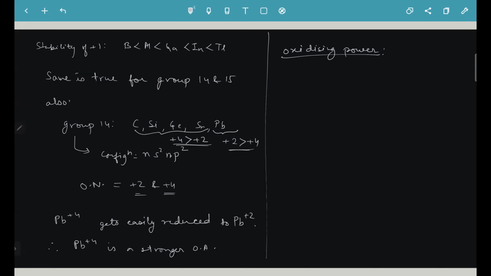So there is CO2, SiO2, GeO2, SnO2, PbO2. All are +4, but stability of +4 decreases, so the tendency of reduction will increase. PbO2 will behave as a stronger oxidizing agent. Okay?